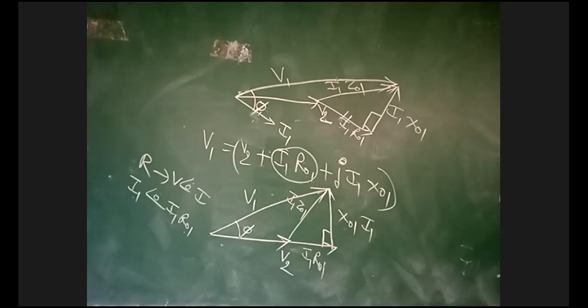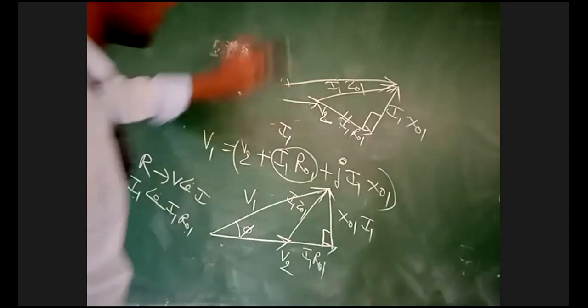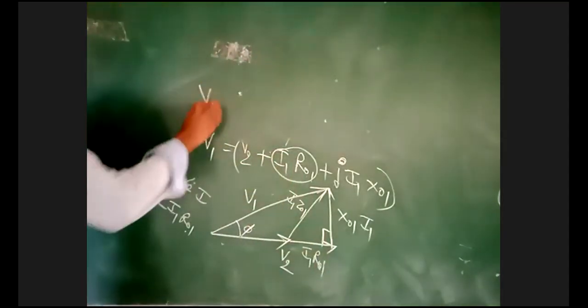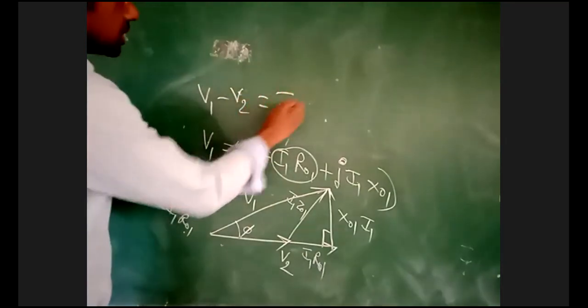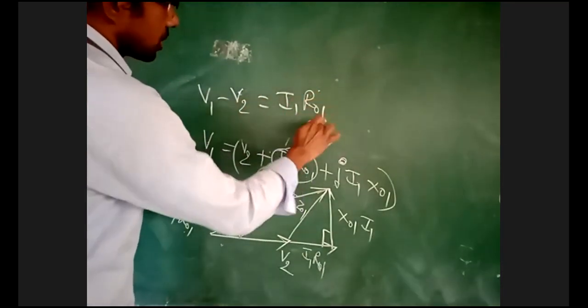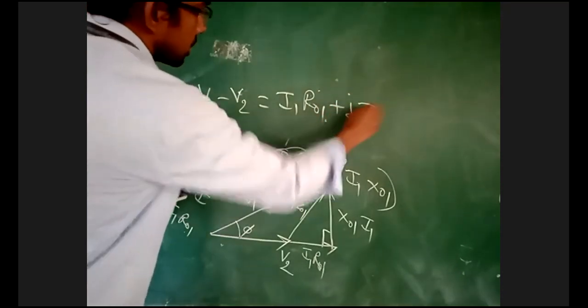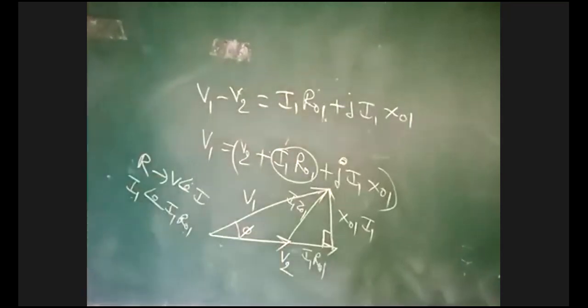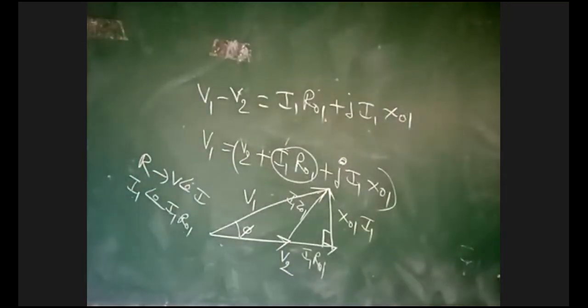Now I want the regulation. What is the regulation? V1 minus V2 is equal to I1 into R01 plus J I1 into X01. That is the voltage drop.